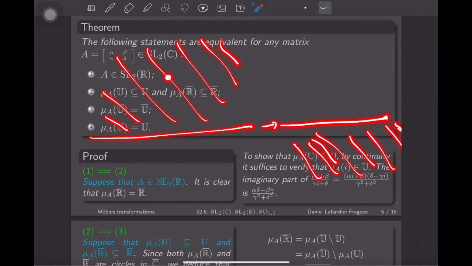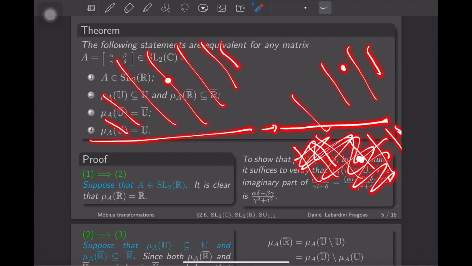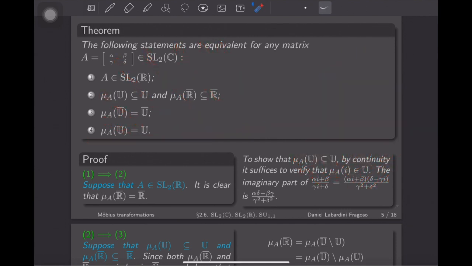If it lands here, I know that the image has to be the whole upper half plane. And if it lands below R bar, then I know that the image has to be the lower half plane. So it's enough to consider i, which lies in U, and to check that the image is in U.